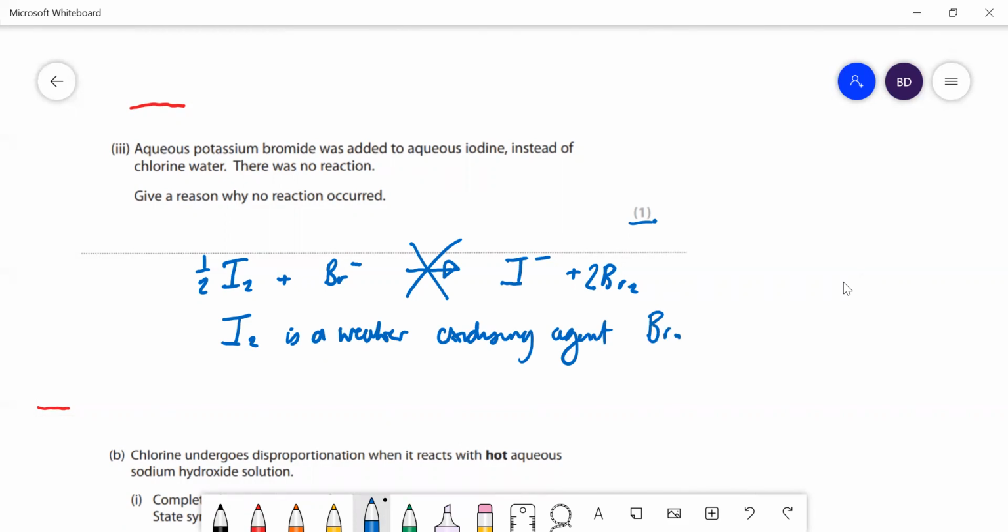You could say the converse of that, if you like, that the iodide ion is a stronger reducing agent than the bromide ion, because iodide is more willing to lose the electron than bromide. Okay, so you could say it that way around.